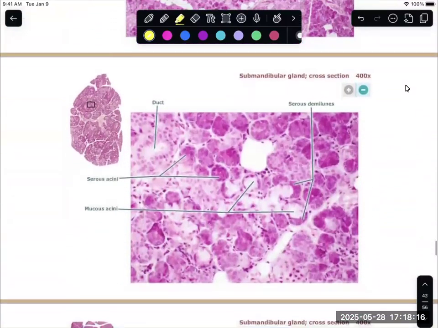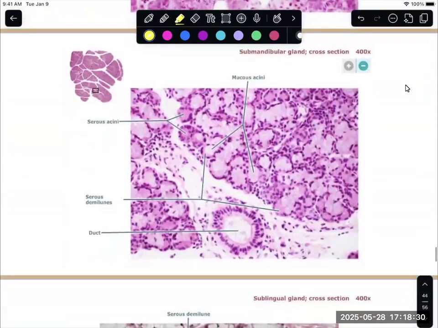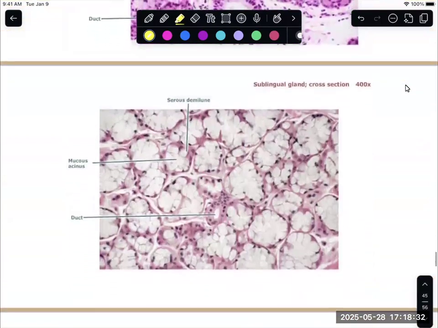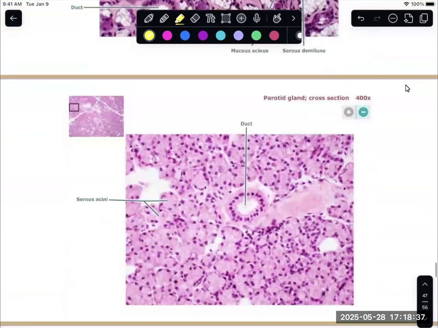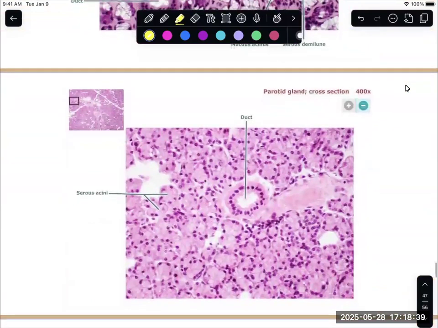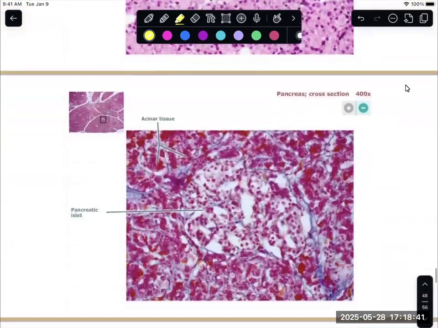So we can kind of see as we get closer and closer, we can see these mucus acini. This is what is creating that mucus that creates that saliva. It's also adding digestive enzymes in there to start breaking things down. Here's that sublingual, same kind of idea. And there's our parotid, same kind of idea.